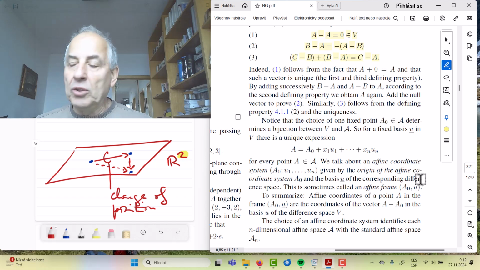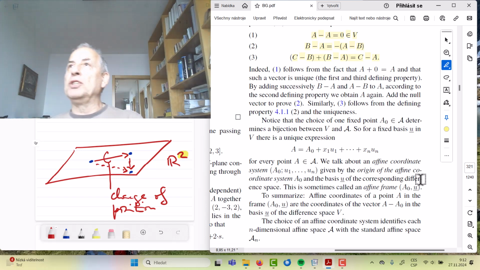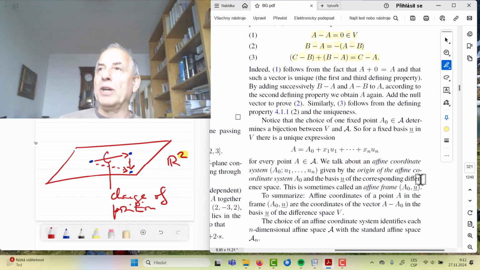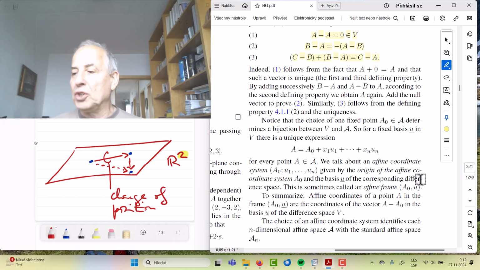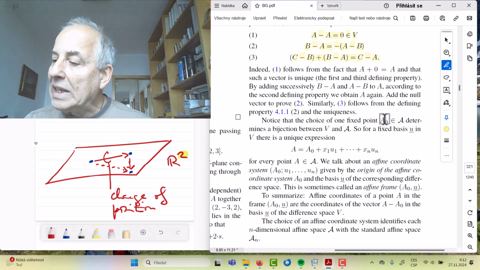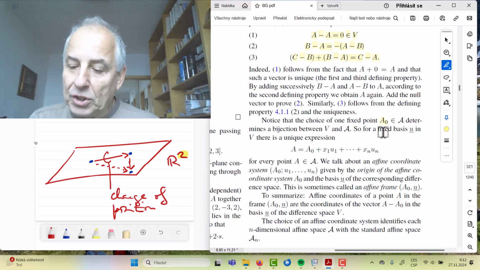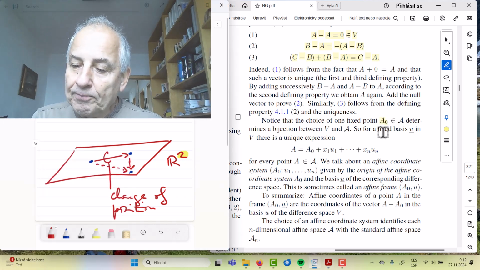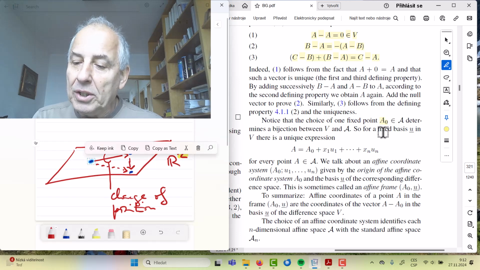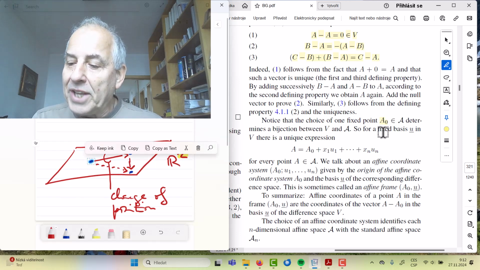And now we are coming to the identification of the affine spaces with the standard affine spaces. This is what we did with the vector spaces. Here it will be roughly the same. So we simply have to fix one of the points, like fixing here, say this one to be called 0, right?